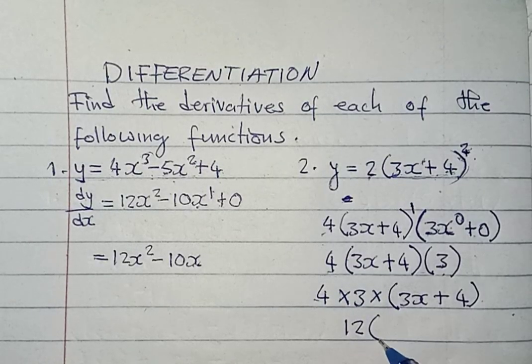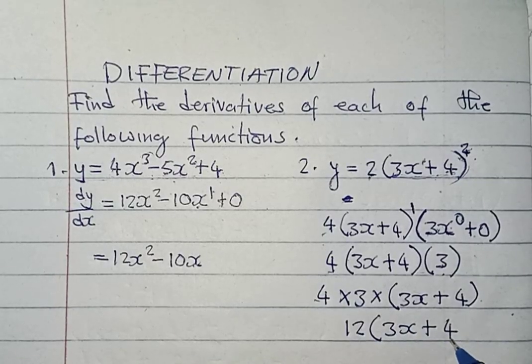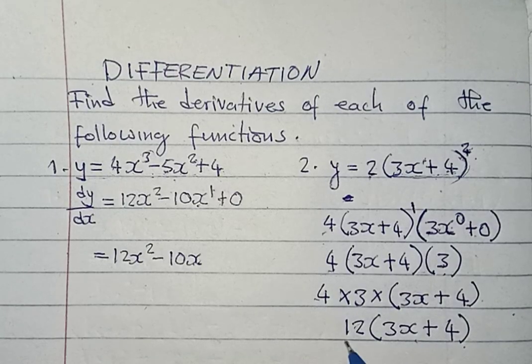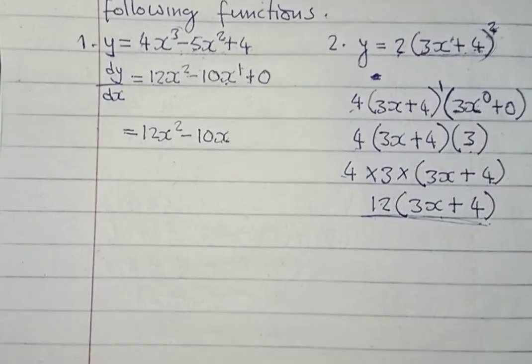Then we introduce this. We have 3x plus 4, like that. We can also distribute this 12 with whatever is in parentheses. But this is the answer.